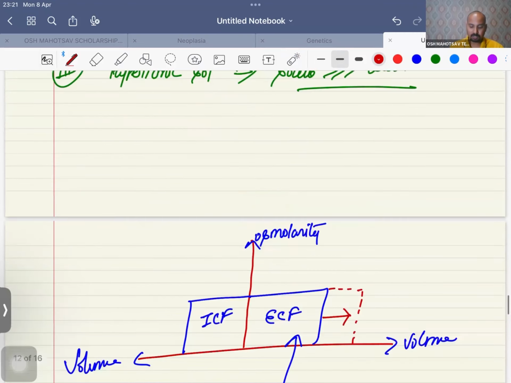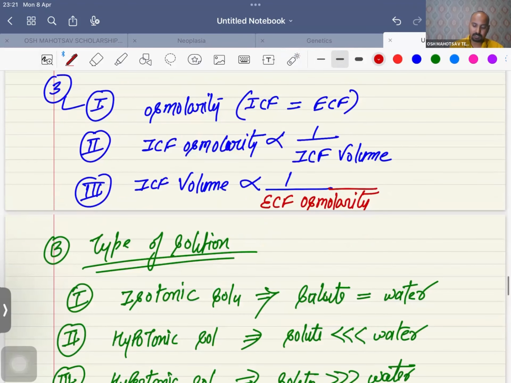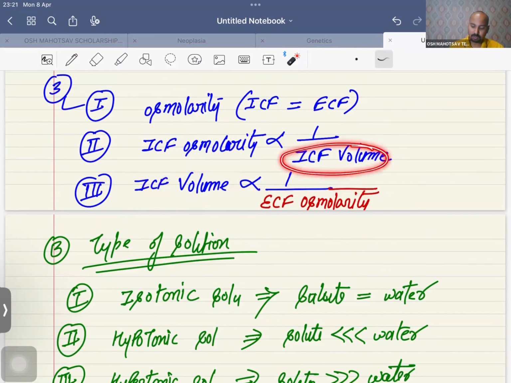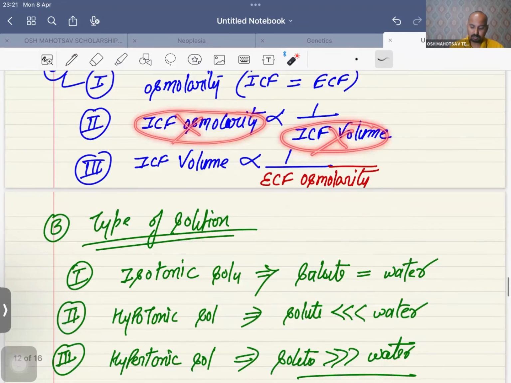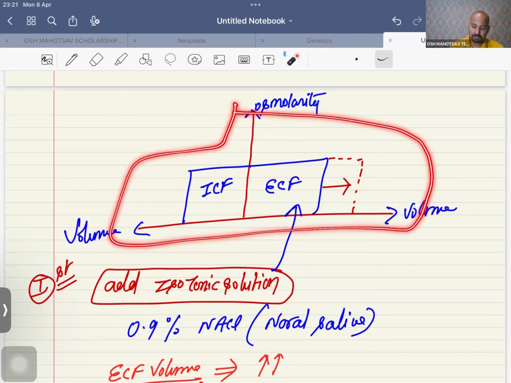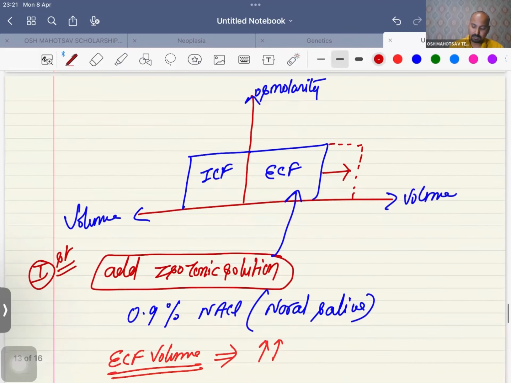And we have rule number 3. If ECF osmolarity will not change, then will ICF volume change? No. If ICF volume will not change, then will ICF osmolarity change? No. Okay, so in that case we will get the final graph like this.